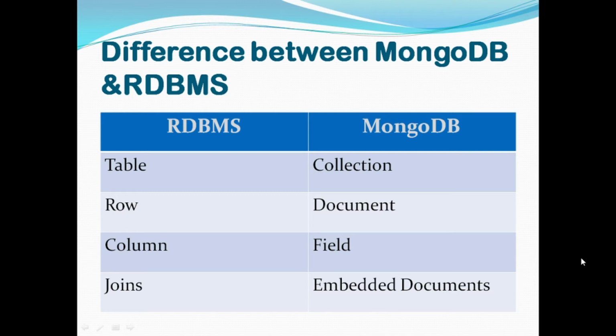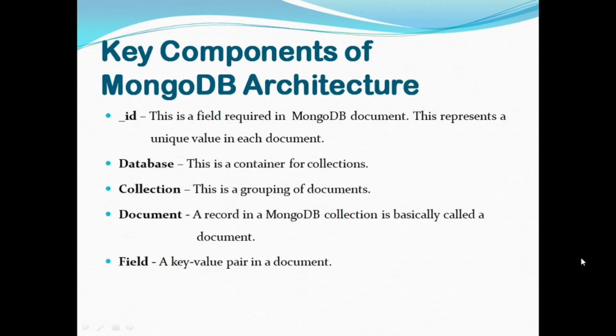The collection has data sets, and the data sets are stored in the form of documents and fields. And instead of joins, here we have embedded documents. So what do embedded documents mean? It is a normal document that is nested inside another document within a MongoDB collection.